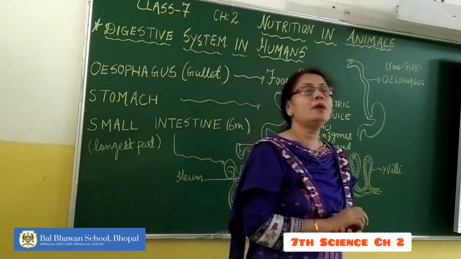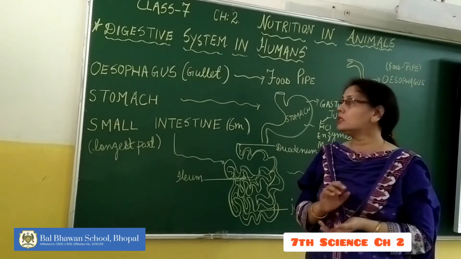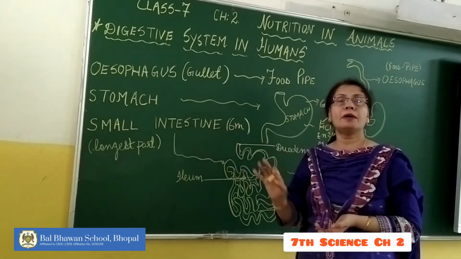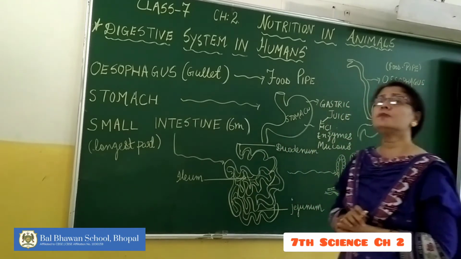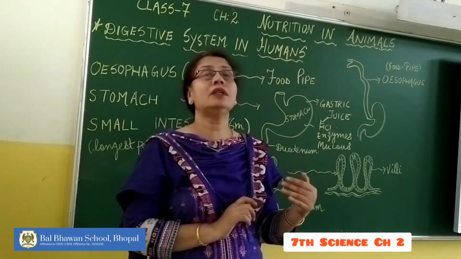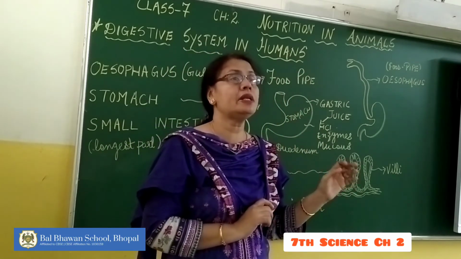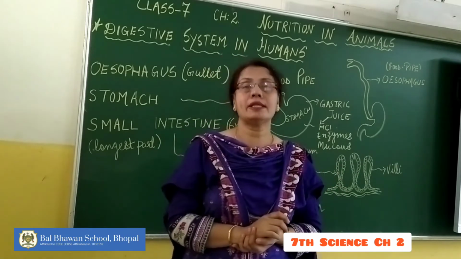Now sometimes we experience a condition called acidity. Now what is this acidity? As we discussed, the stomach produces HCl. So when this HCl is produced either in large amount or in less amount, then the pH of the stomach decreases, that is, it becomes more acidic. Such a condition is called acidity.